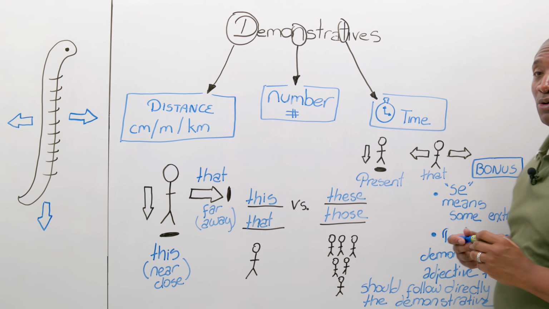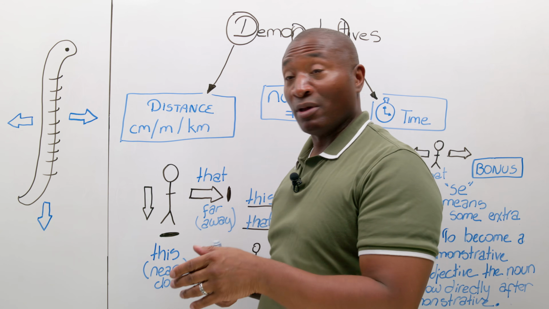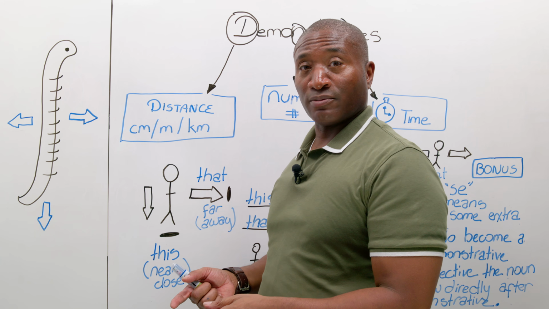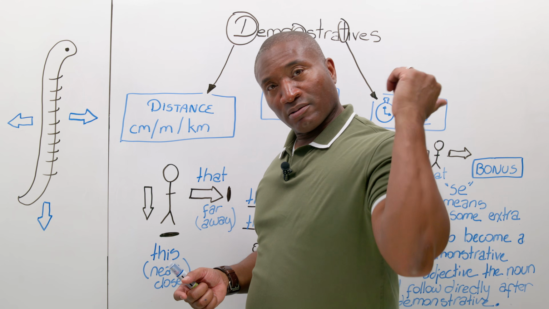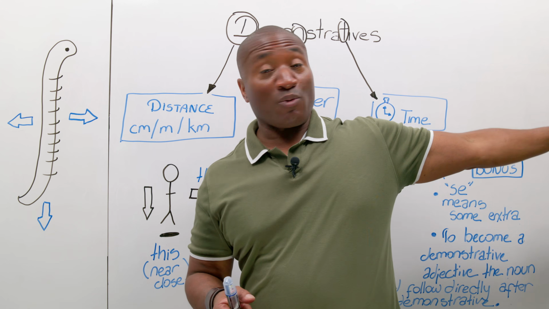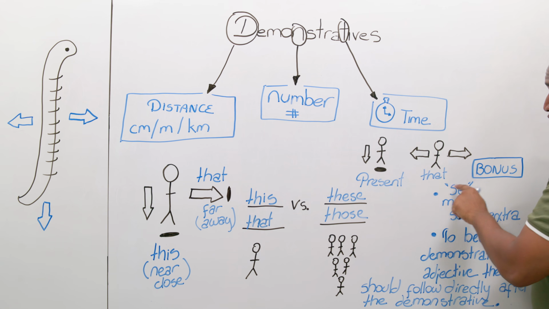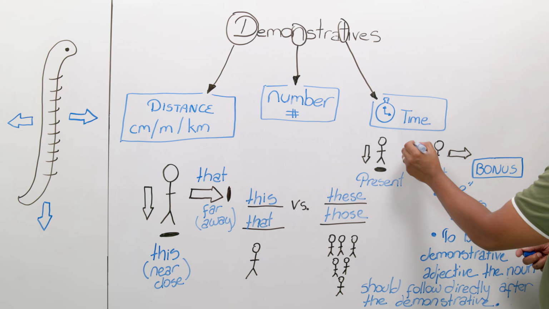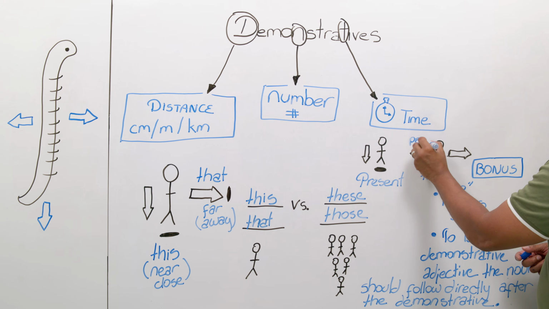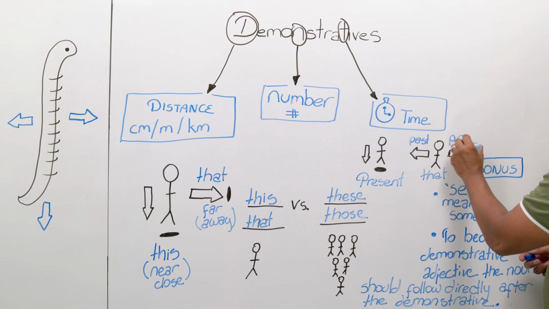So someone could say to you, do you remember that time when we went to the beach? That's in the past, because that is far away from us, not now. So we can use our demonstrative to talk about time, and we can use it for the past or the present.